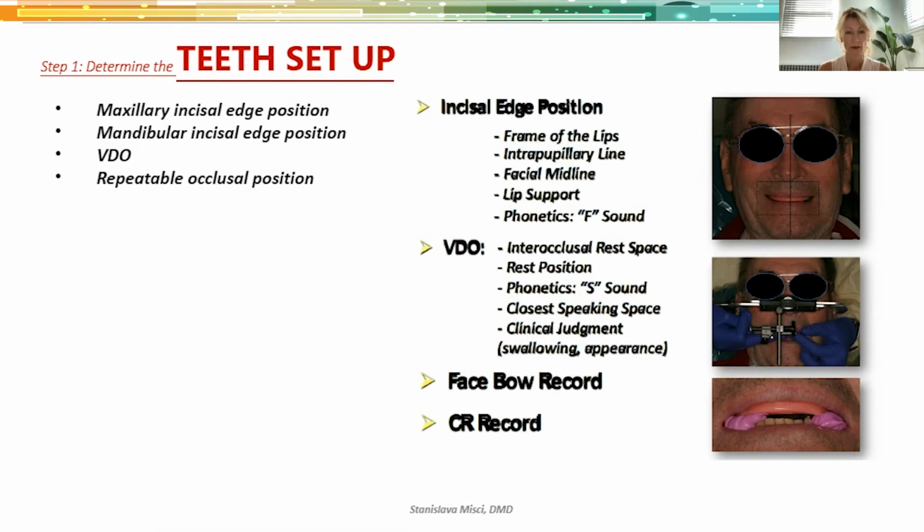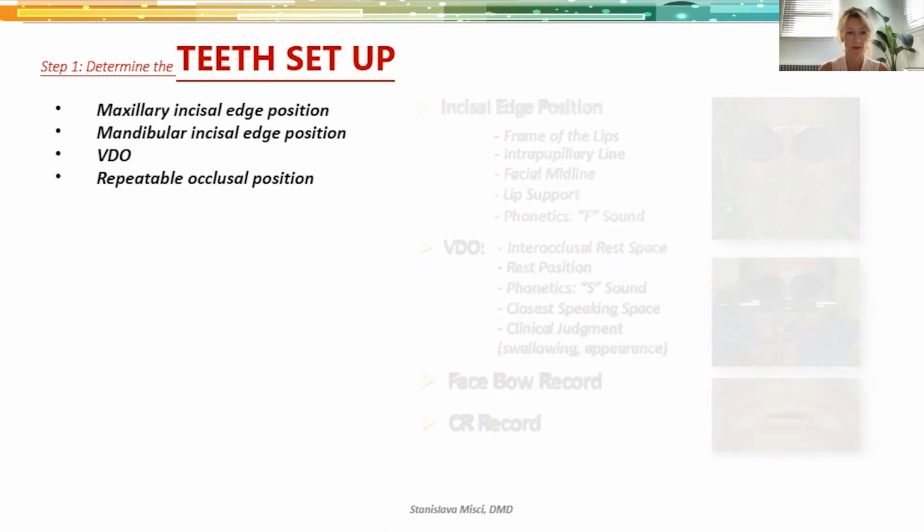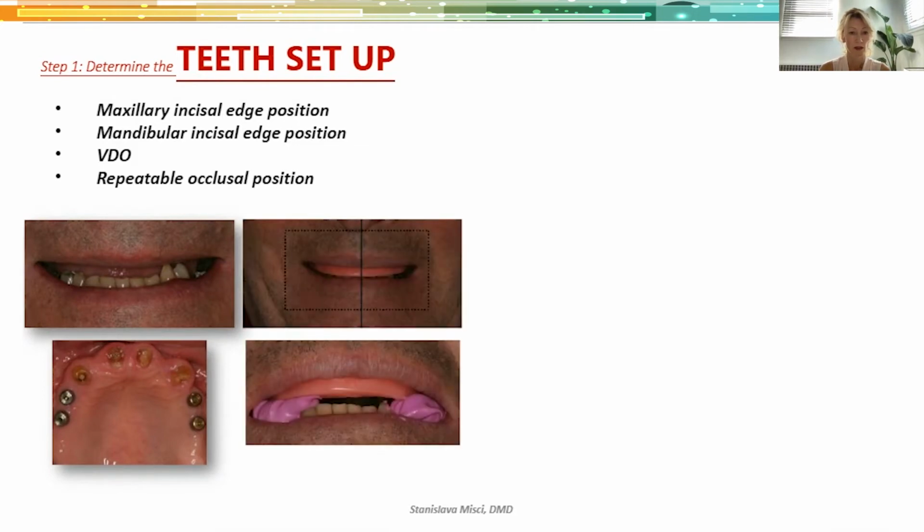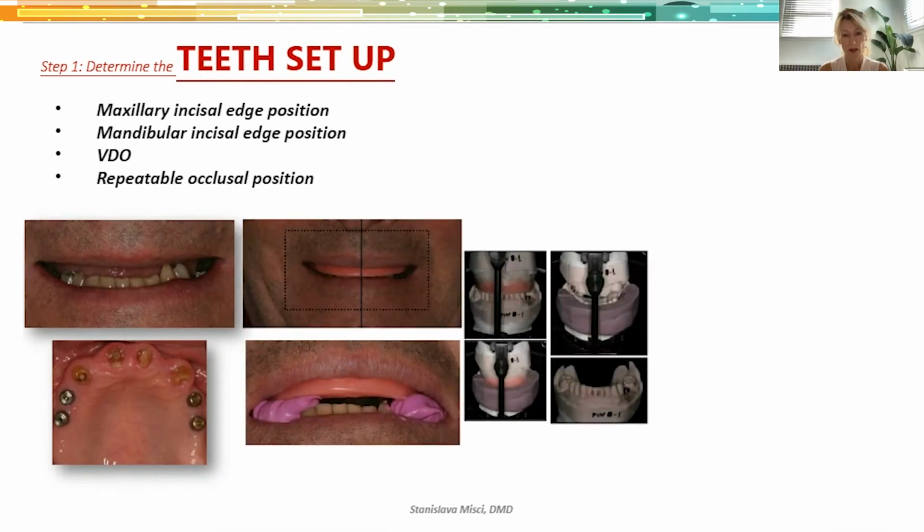We have some parameters that we follow to determine our maxillary incisal edge position, then we take a face bow and our occlusal record. Based on those records, and this is a case before digital technology, we would make a silicone putty, which will imprint that wax rim. So we have now the incisal edge position.